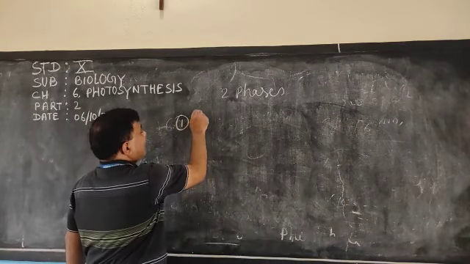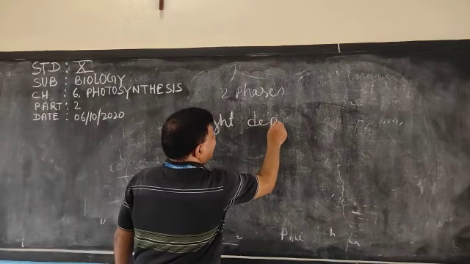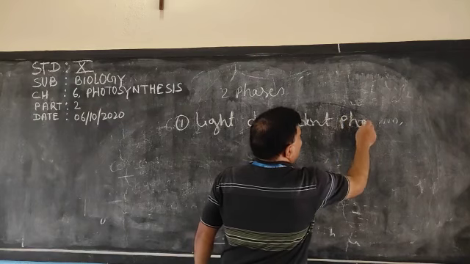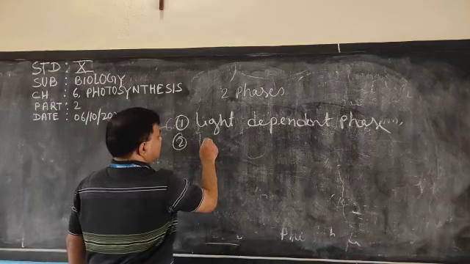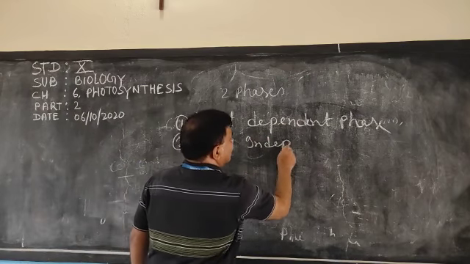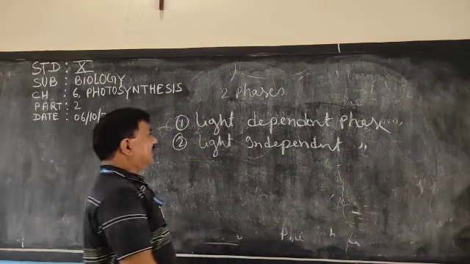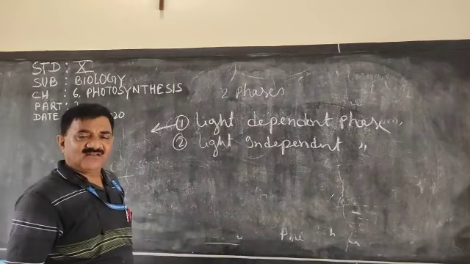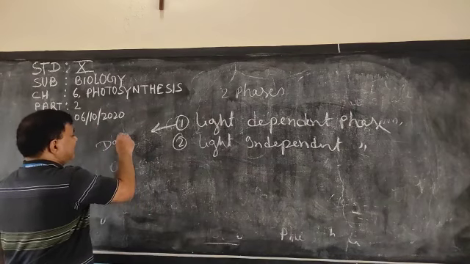First one is the light dependent phase, and the other is the light independent phase. And see here, the light dependent phase takes place in the presence of light, and natural light is present during daytime.